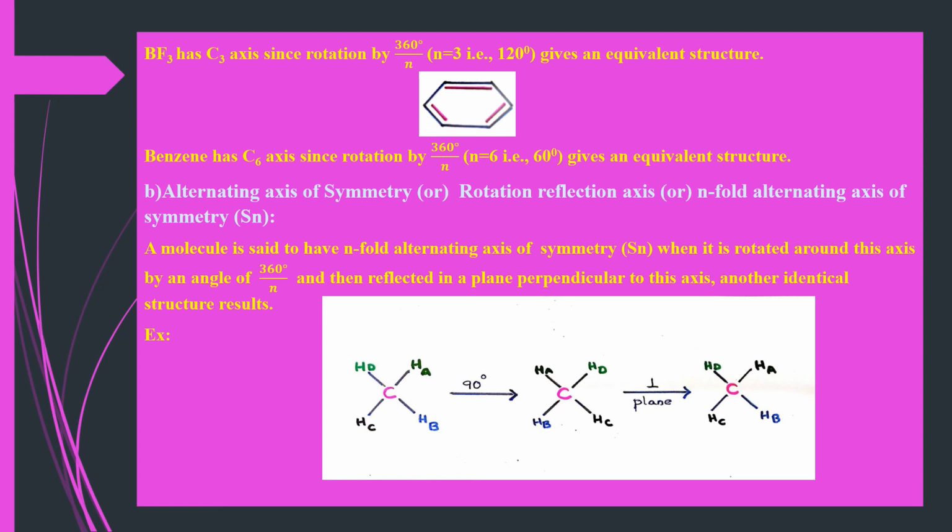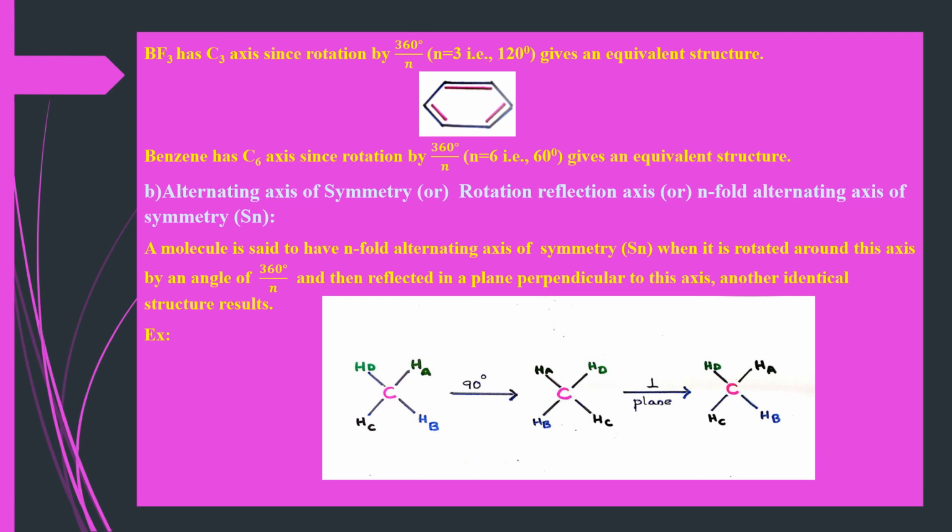When do we say that a molecule possesses Sn axis of symmetry? When an imaginary line is drawn through a molecule and when it is rotated about that line through a complete rotation of 360 degrees, it appears to be identical when it is reflected in a plane perpendicular to that axis.